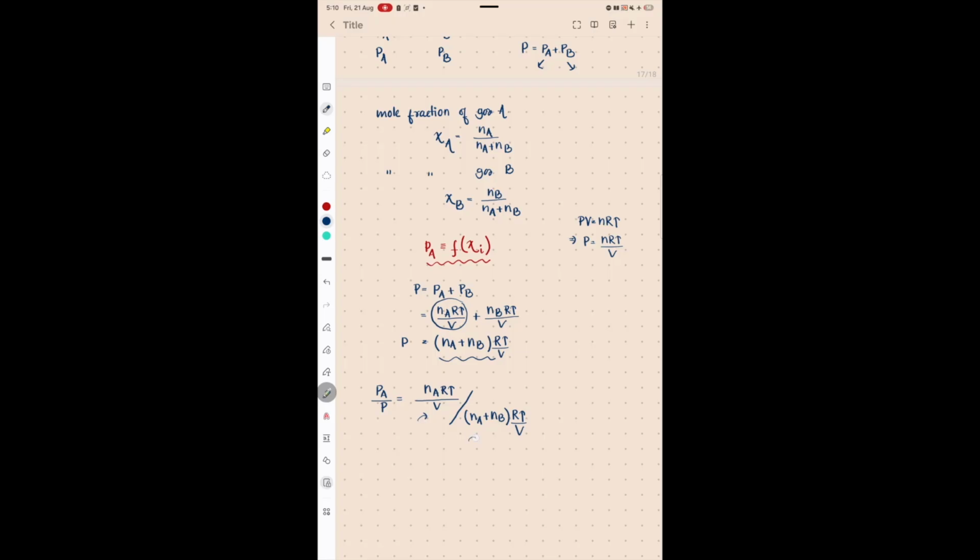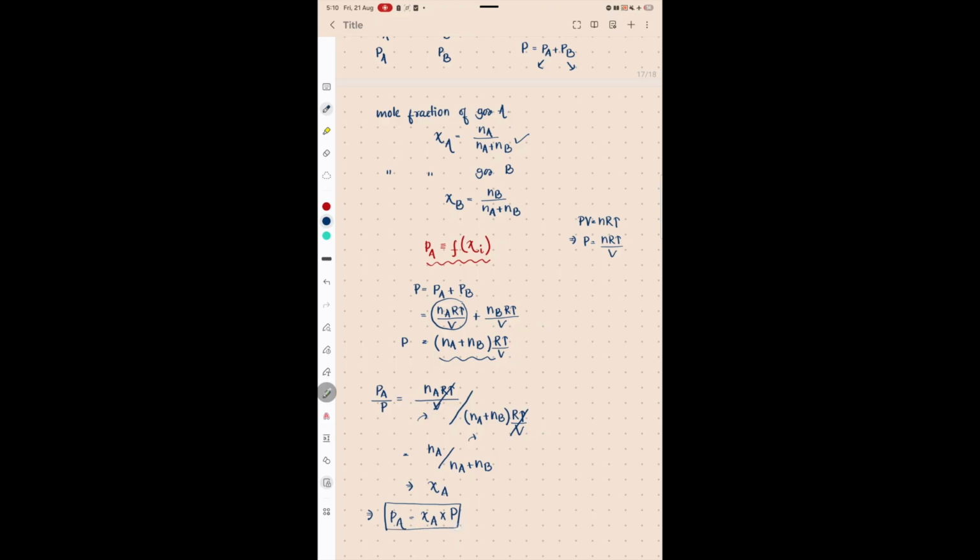So RT upon V will cancel out. This will be Na by Na plus Nb, which is none other than the mole fraction of A. So PA is equal to mole fraction of A into P, that is the total pressure, the final pressure, right?